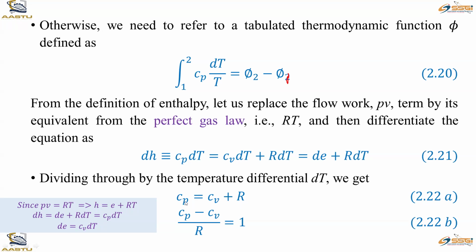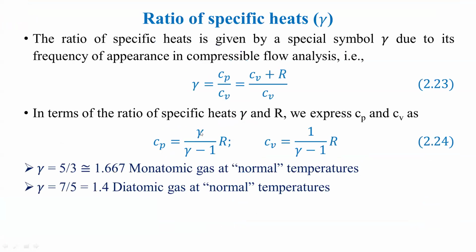So Cp minus Cv is equal to R, and then Cp minus Cv over R is equal to 1. That is a simple relation. The ratio of Cp to Cv is called the specific heat ratio, which is useful in most calculations.